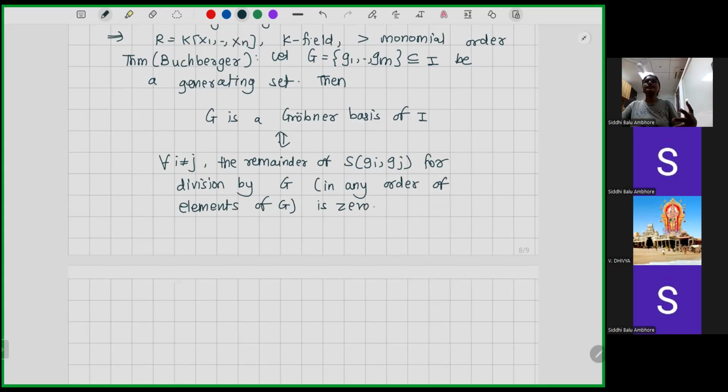So what they say is that we consider that generating set, find all the S polynomials, and see the remainder when we divide each S polynomial.